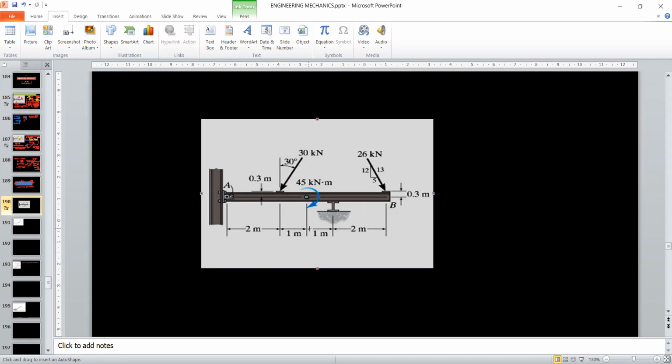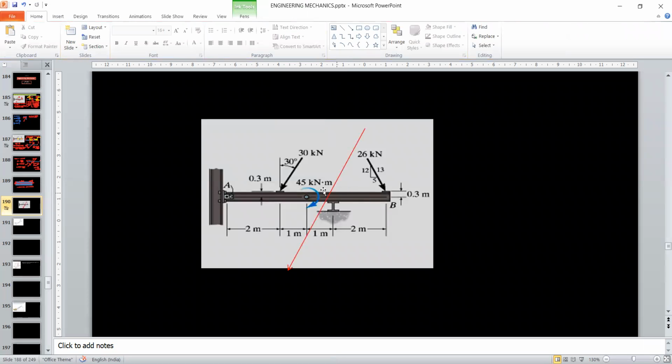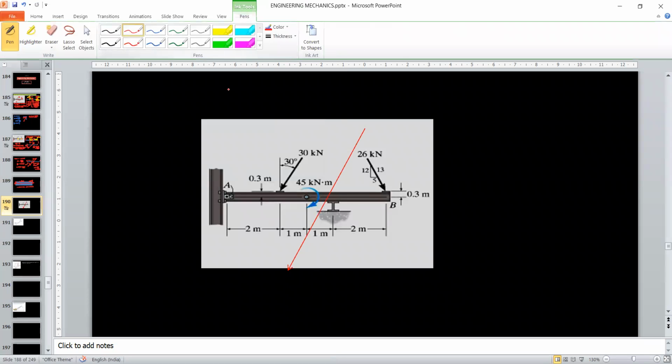So this is 3 meter and this is 4 meter. Okay. Somewhere here, so this is your resultant. Okay. So this is the point N, the resultant intersection. This is your point A. Okay. Distance A to N. So this total distance is 3.89 meter.